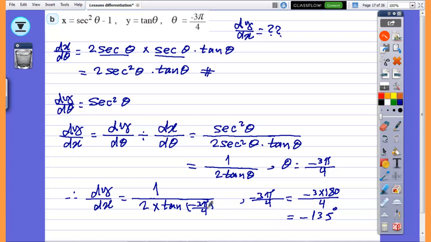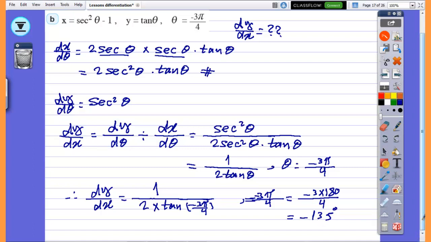We substitute pi equals 180, so negative 3 pi over 4 equals negative 3 multiplied by 180 over 4. 180 over 4 equals 45, multiplied by negative 3 equals negative 135.